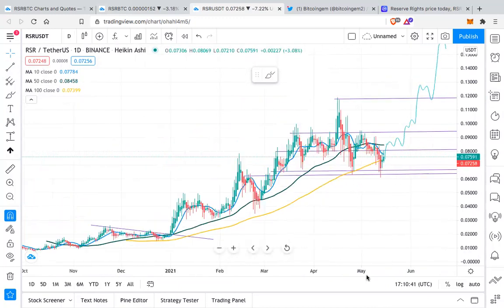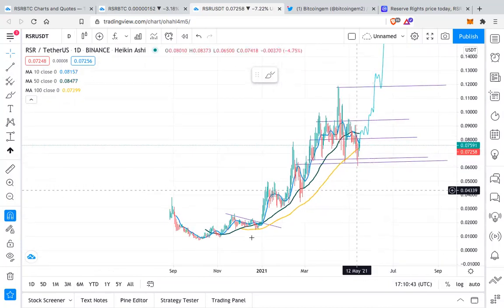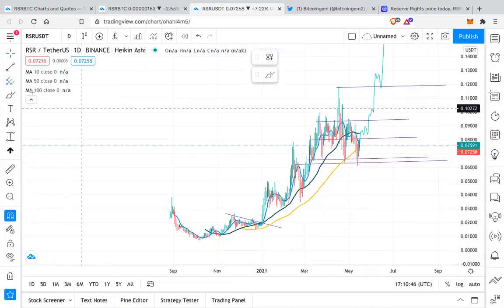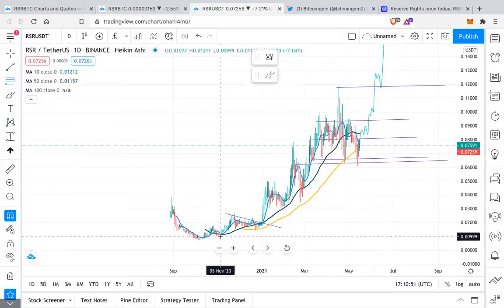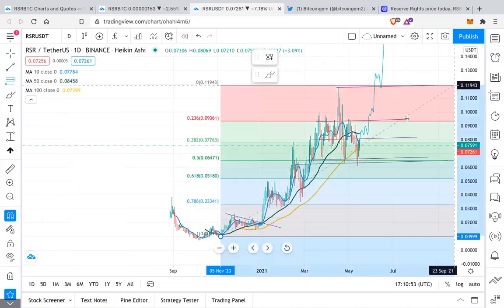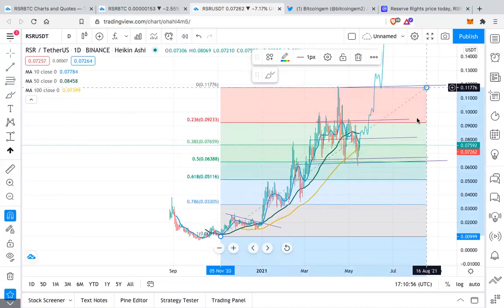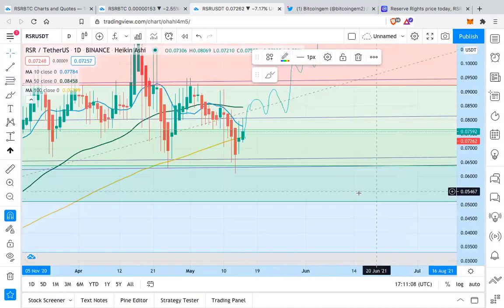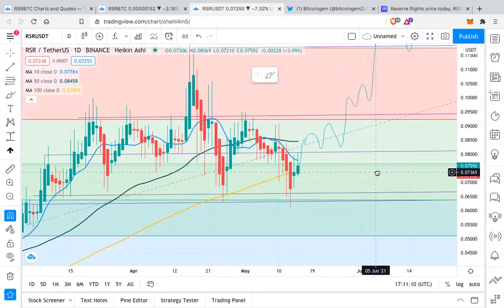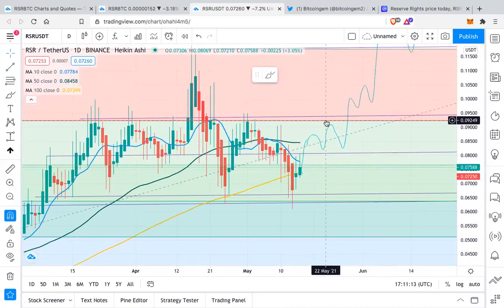And if we look at the overall strength of this movement, let's use fib, and I will do it from the bottom. Then you can see it's currently the 0.5 level acting as support. This is the 0.236 level at around 9 cents.